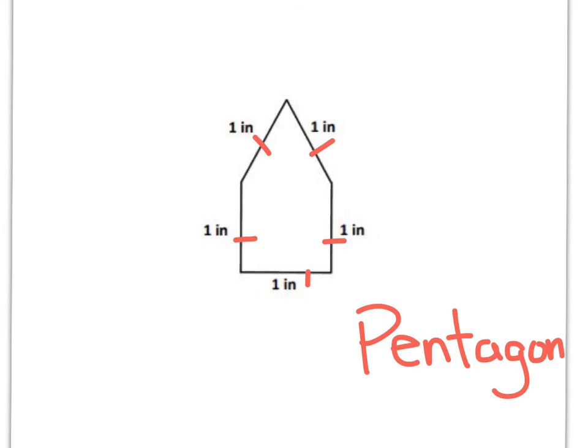This pentagon is actually an irregular or non-regular pentagon. And that's because even though all the sides are 1 inch, all the side lengths are the same, our angles inside are not the same.